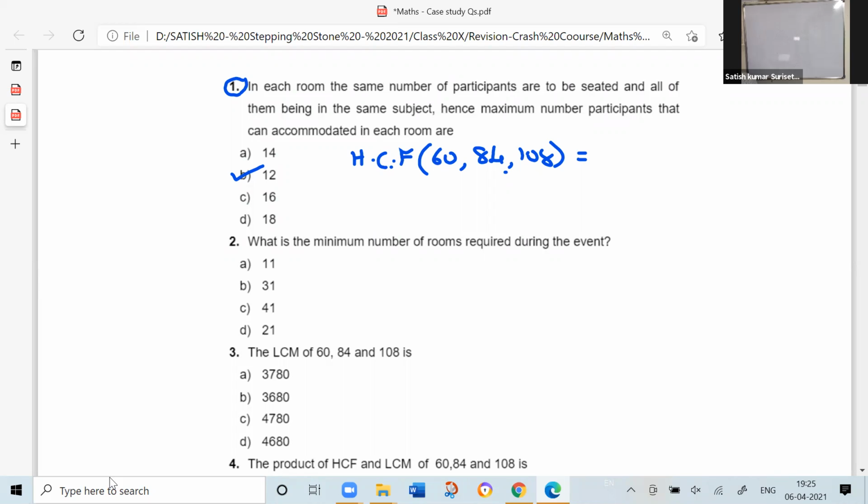Even you can observe the numbers easily also. This you can write as 12 into 5, and this as 12 into 7, and this as 12 into 9. And 5, 7, 9 have no common factor. So the highest common factor is 12 itself.